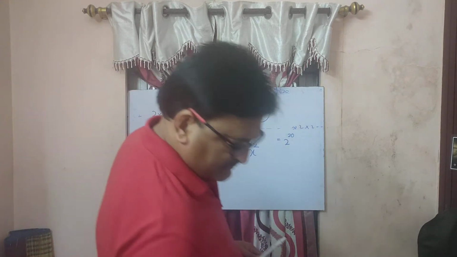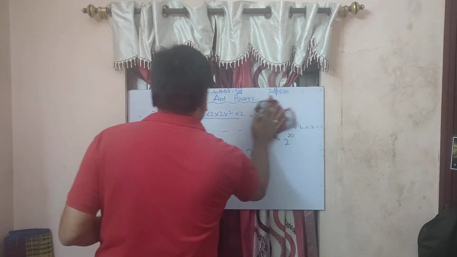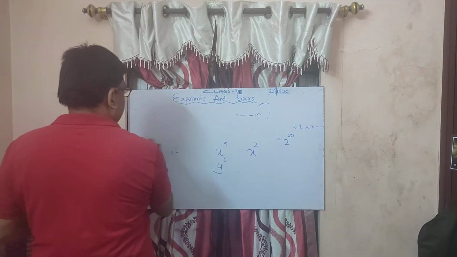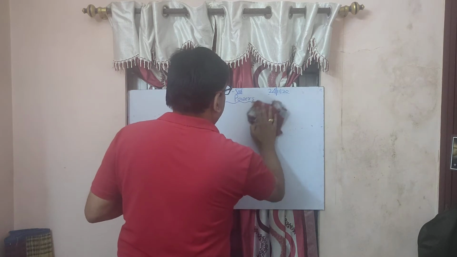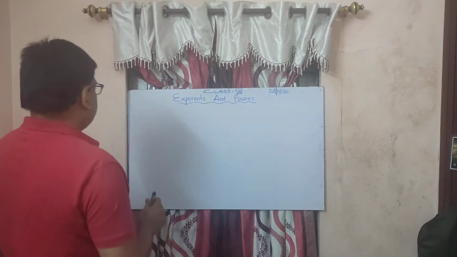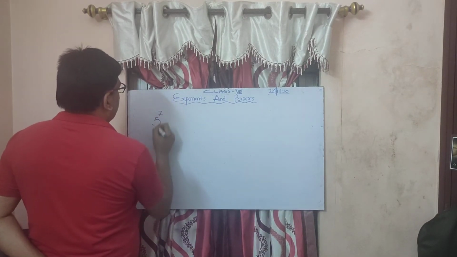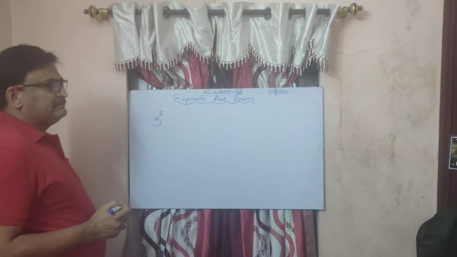Now, here two things are there. For example, if 5 is multiplied 7 times, that is 5 to the power 7.